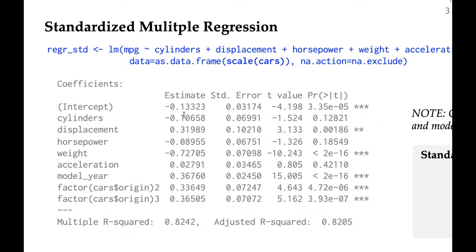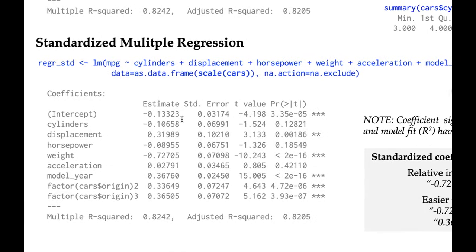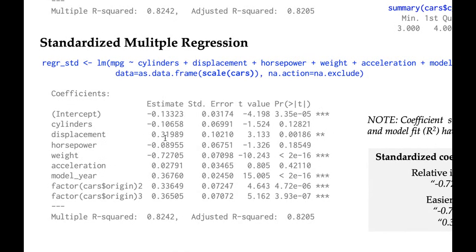And this time, there are some relative comparisons you can make, because what are the units of each of these coefficients now? How does it work? So let's look at cylinders.